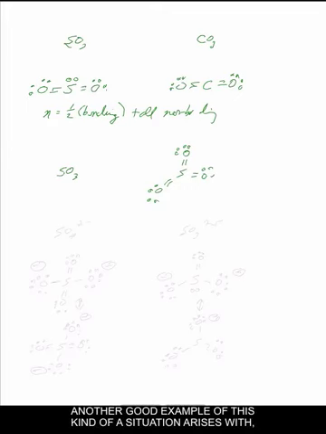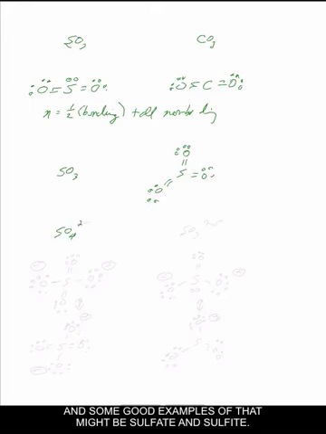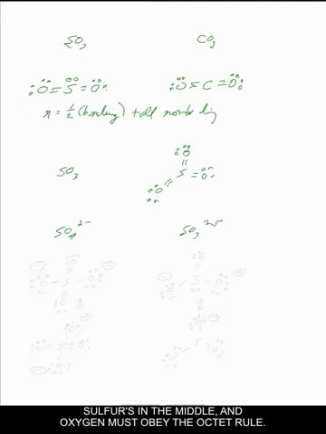Another good example of this kind of situation arises with some of the polyatomic ions. Some good examples of that might be sulfate and sulfite. Again here, if I start out using my first rule, sulfur's in the middle, and oxygen must obey the octet rule. My second rule here is oxygen should carry the negative charge.